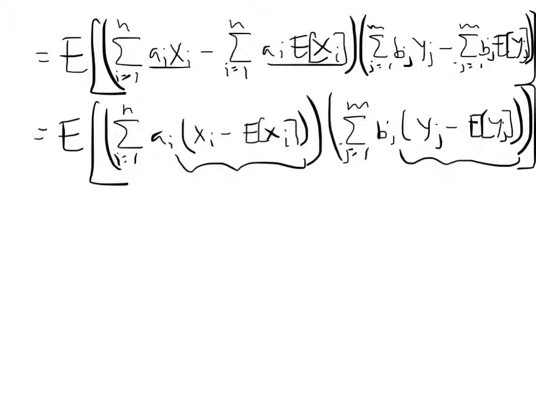First, before I take the expectation through, I'm going to multiply all the cross products between these two sides, which is going to result in a double sum. Okay?